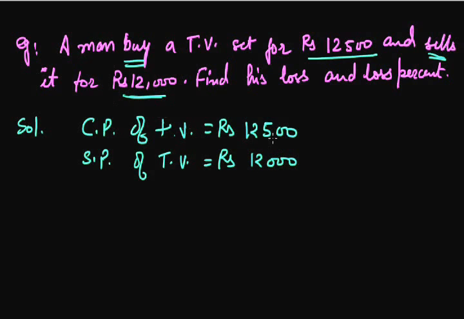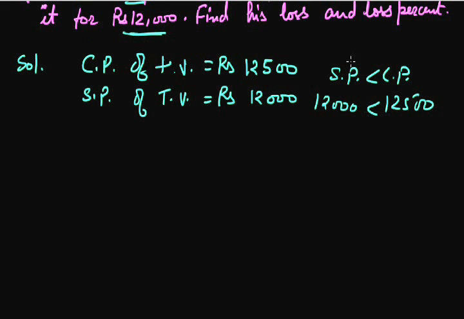Now here you can easily see that the selling price of the article is less than the cost price, since 12,000 is less than 12,500. Therefore, there is a loss. So we can easily calculate the loss.